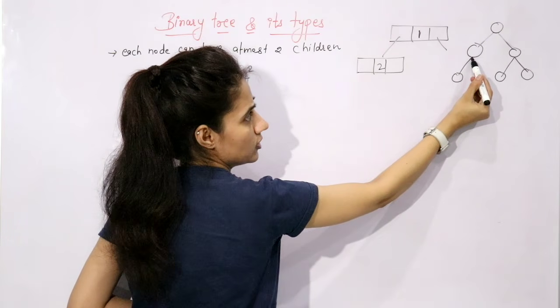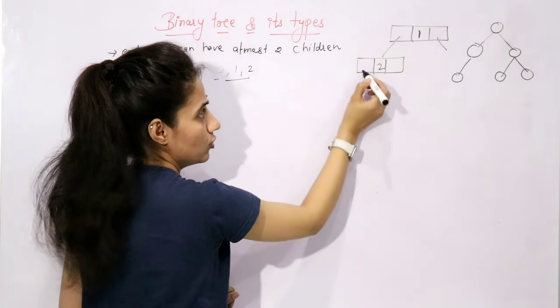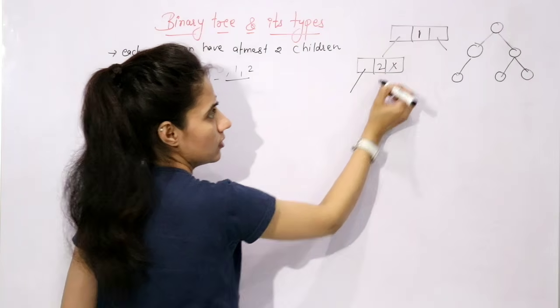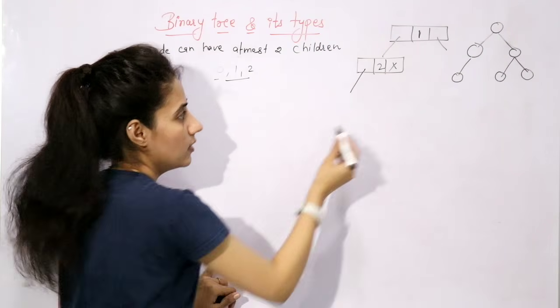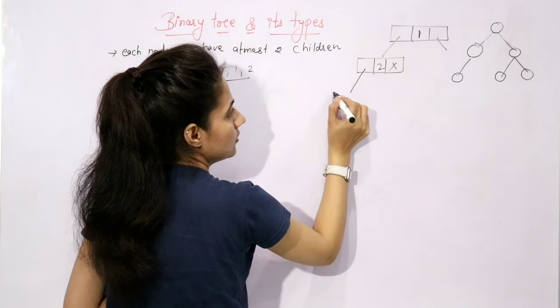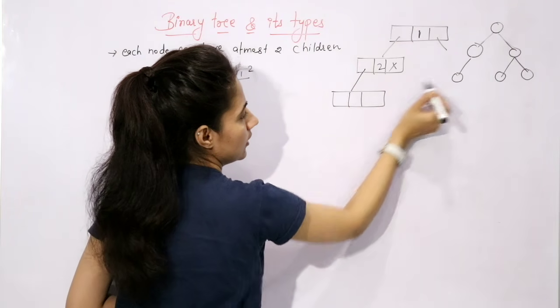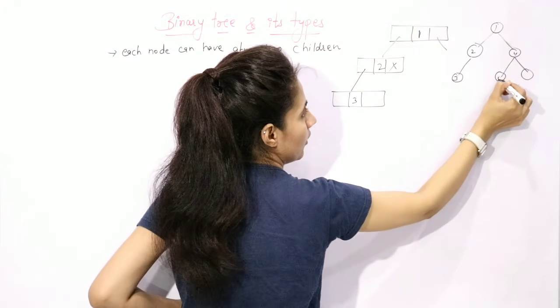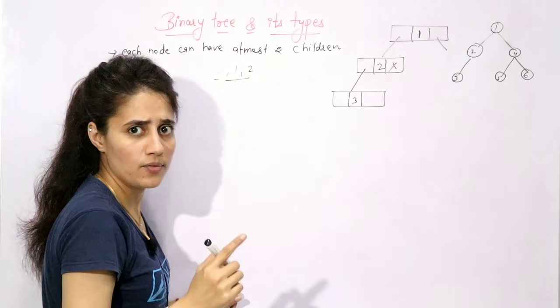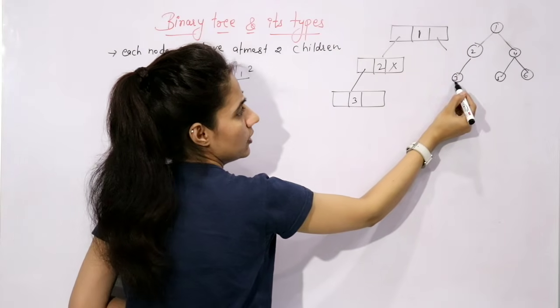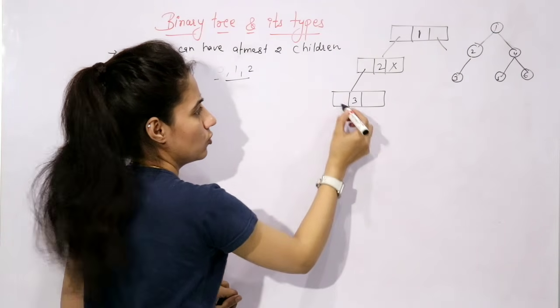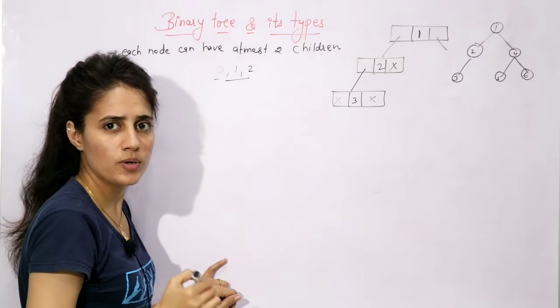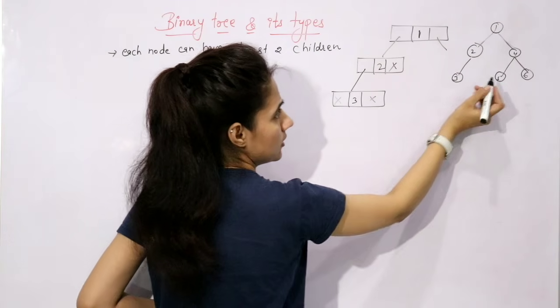This node is having only a left child, so the right link is null. This is also containing a value, 3. Here I have 4, 5 and 6, because these nodes are storing some information. 3 is not having any child node, so both these links would be null. This is how we are going to represent this one.